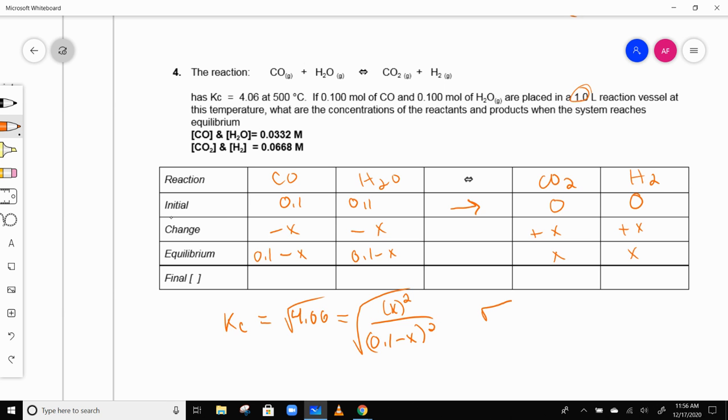You get the square root of 4.06 equals x over 0.1 minus x. And again, just solving for x. So cross multiplying, square root of 4.06 times 0.1 minus square root of 4.06 times x equals x. Add this to both sides.